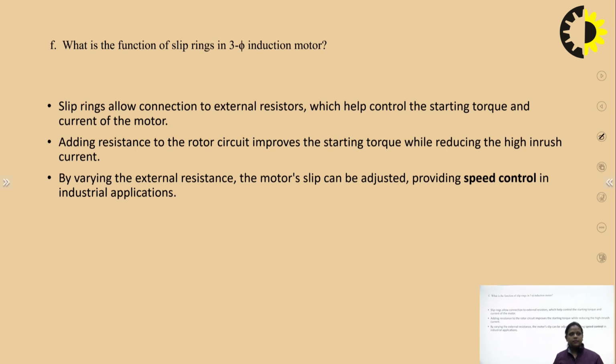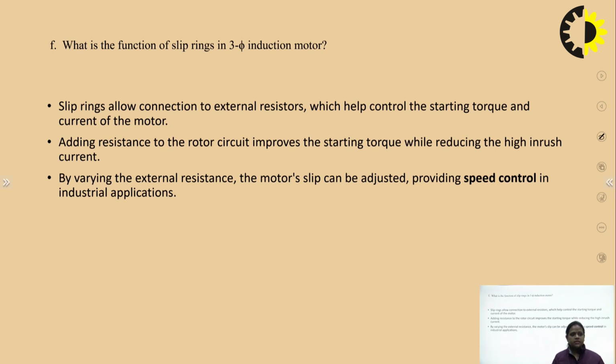So, we know that slip rings allow connection to external resistance. We can connect external resistance to the slip ring, which helps control the starting torque and current of the motor. So, we know that the starting torque depends on the rotor resistance. So, by controlling the resistance, we can control the starting torque.